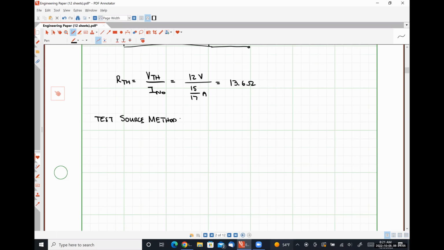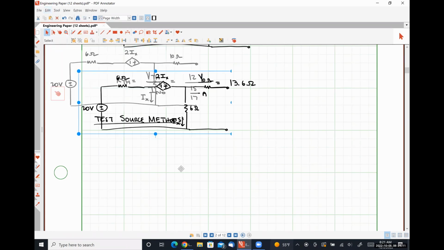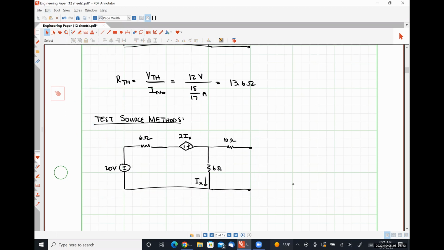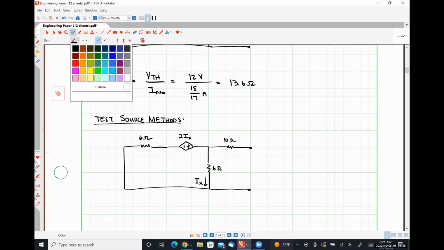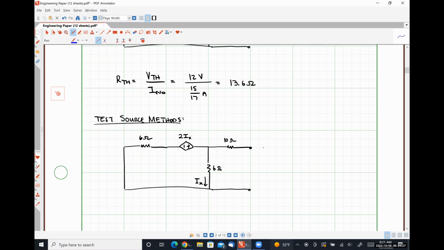So effectively, what we will do is we will take our network, make it a dead network by turning our voltage source off, and then we are going to apply a test source across the terminals.